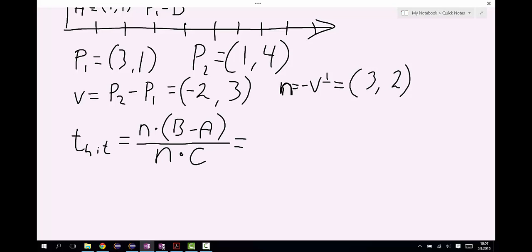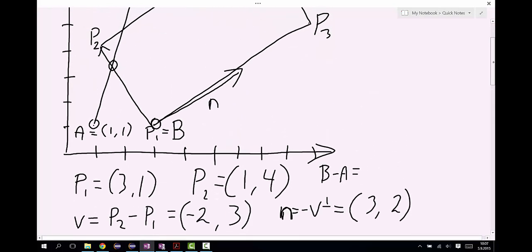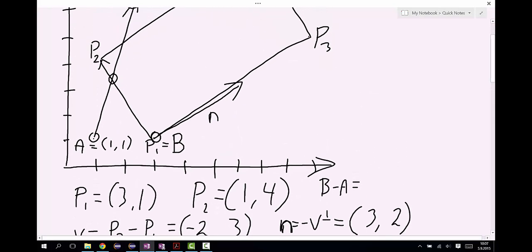Okay, so now we simply have to figure these things out. We can go up here and say b minus a, just to take that specifically. So p1, which is b, was (3, 1).